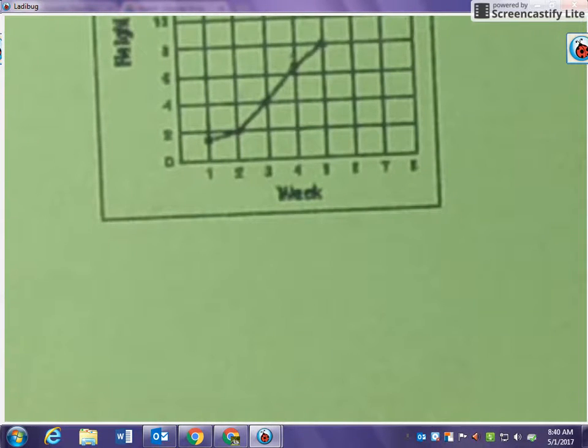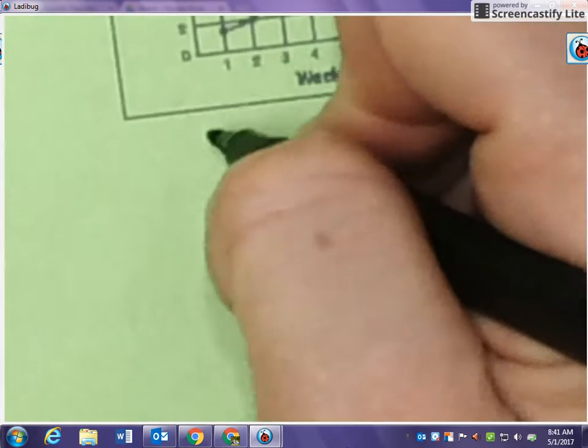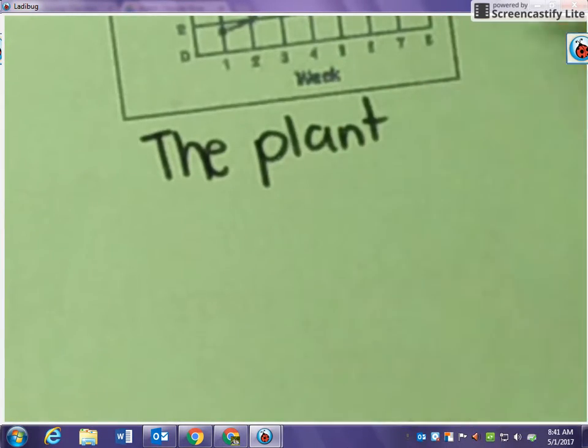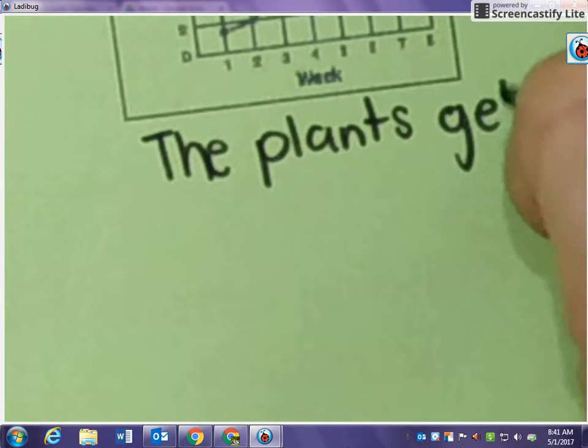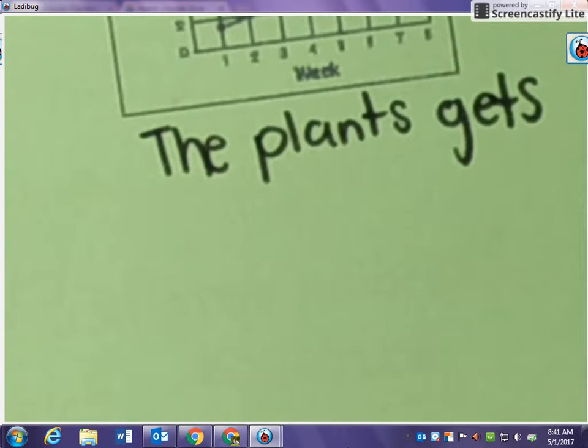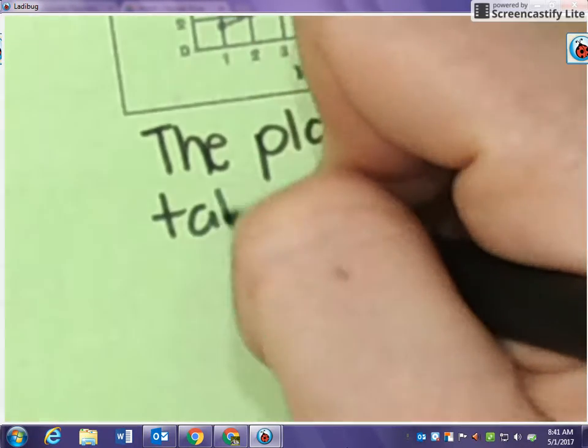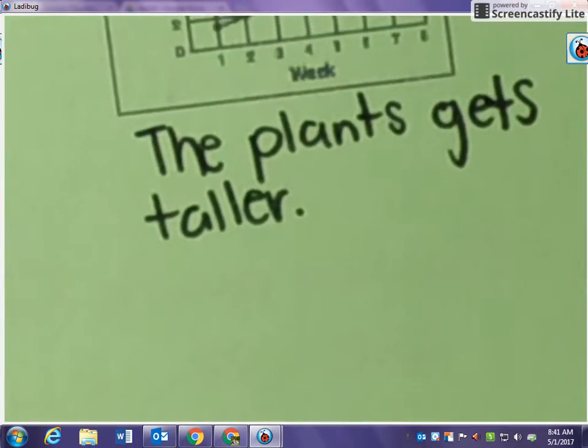Otherwise, you don't have a green thumb and you probably killed it. So the plant gets taller, right? Or the plant's height increases. I don't care. It all kind of means the same, right?